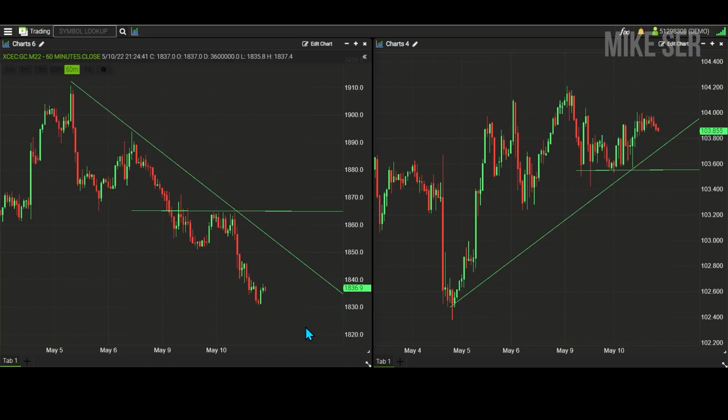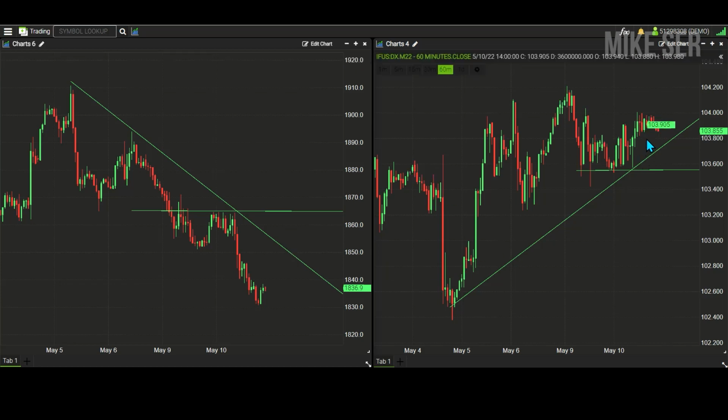So what we want to do is, if we're looking to buy gold, we want to see it break above this downward trend line here, signaling that the downtrend is over. So when gold breaks above this downward trend line, we want to see US dollar break through this upward trend line, signaling the end of the uptrend.